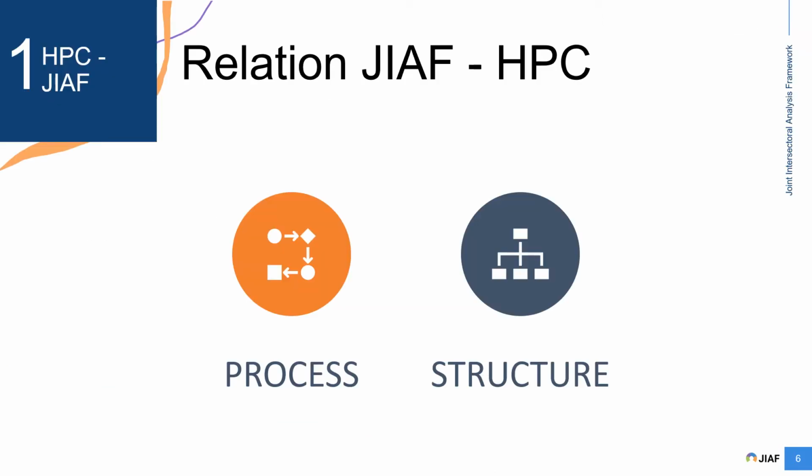So, how do the JIAF and the HPC relate or link? We're going to look at 2 dimensions of relation, in particular process and structure. Let's look first at the process.